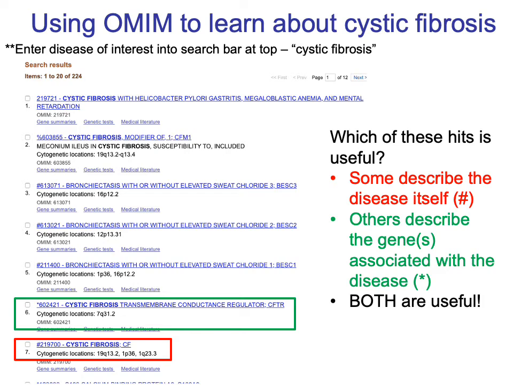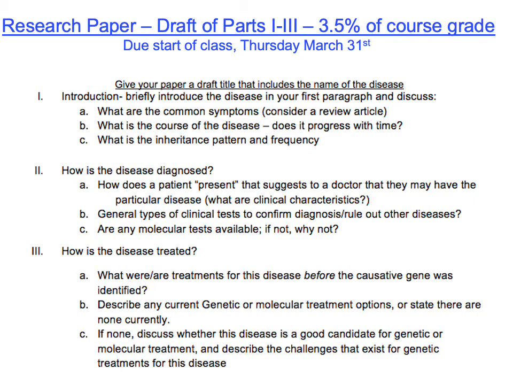Okay, so let's see what we can learn when we click on these links. Oh, first, I forgot, I pasted in here just an overview, excerpted from the guidelines for the research paper.